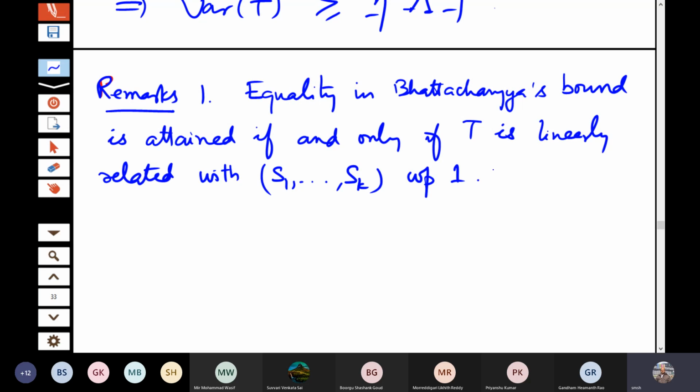If T is linearly related with S1, S2, Sk with probability 1, then equality will be attained.